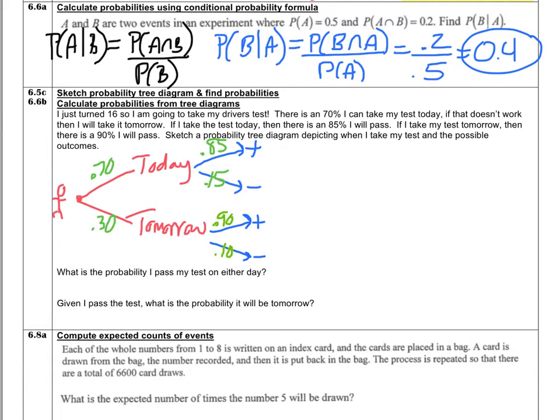Now what I did is just created 4 strings, 4 different possible outcomes. I test today and pass, I test today and fail. I test tomorrow and pass, I test tomorrow and fail. Notice when I read each string, I said the word and. When you hear the word and, the key here is to multiply. So what I'm going to do is figure out the answer for each string.